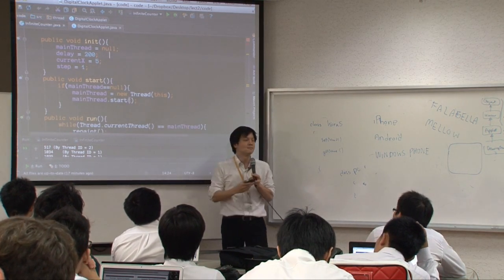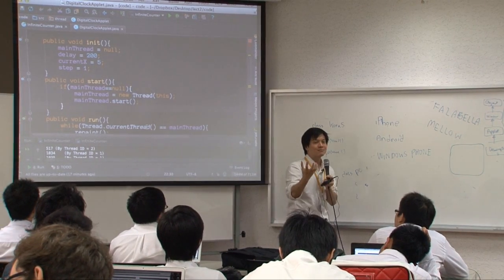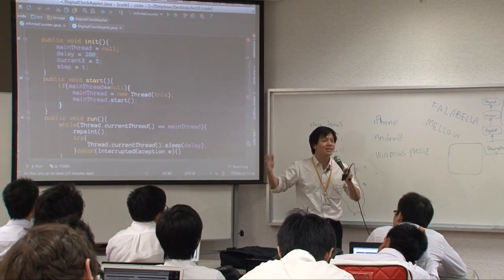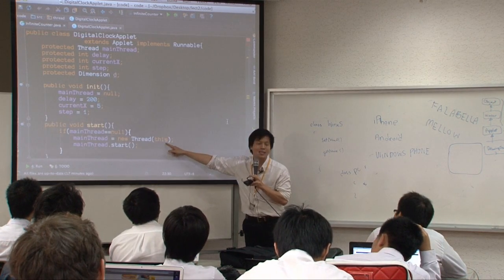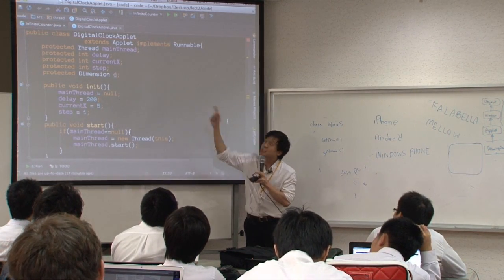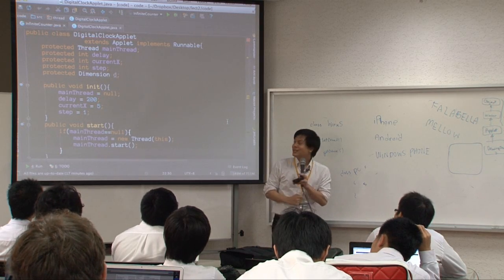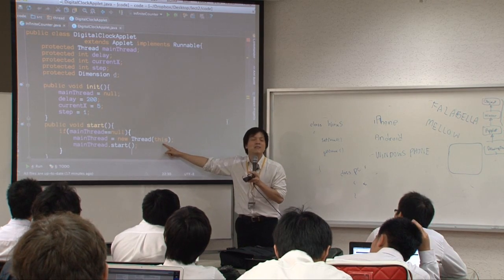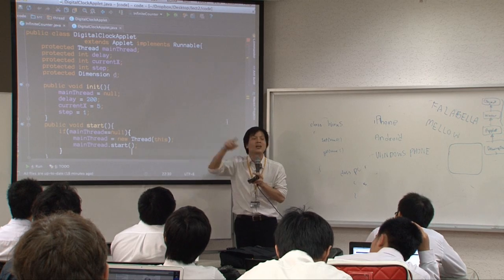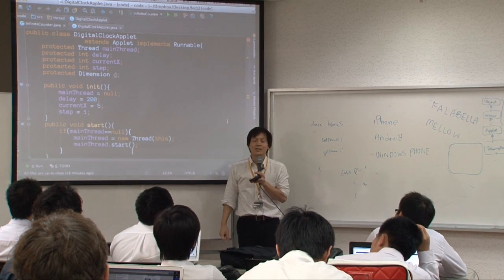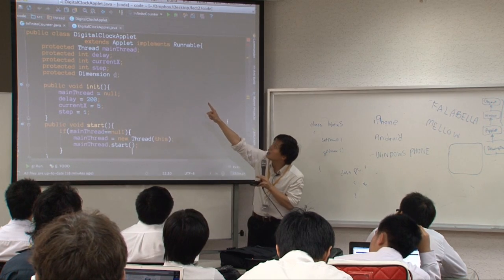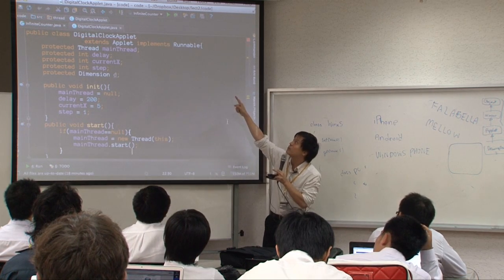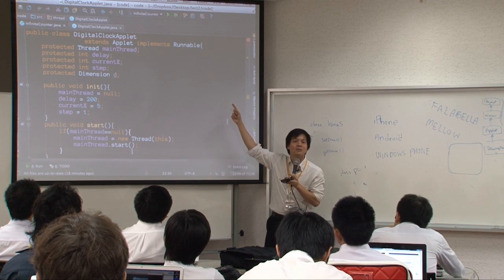What is this? An object that refers to this instance. And what is the class of this object? DigitalClockApplet. Does this qualify for that constructor that we talk about? Yes, right?